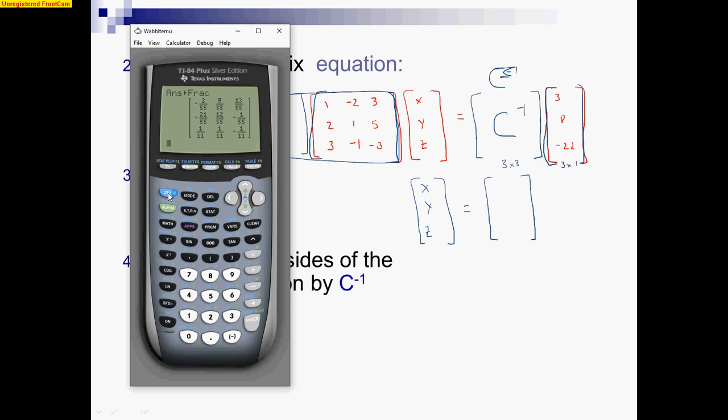After you've done that, on your home screen, just tell me what C inverse times the answer matrix is. So write all those 32/5, 1/5, and -1 in there.